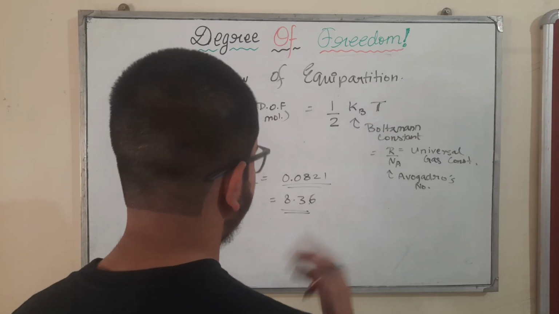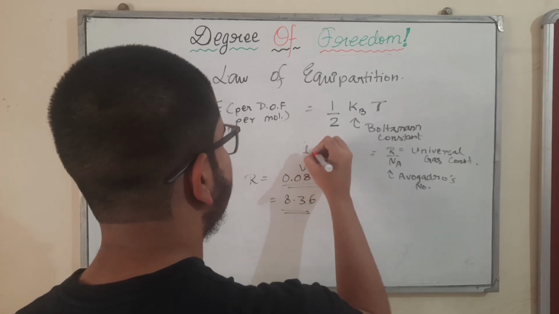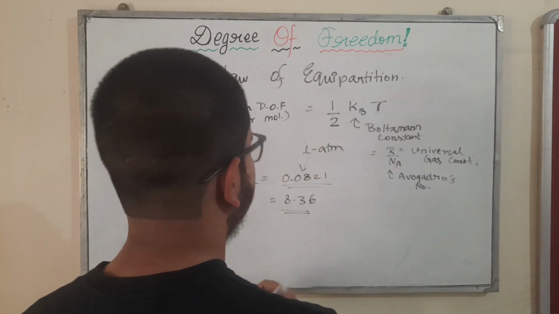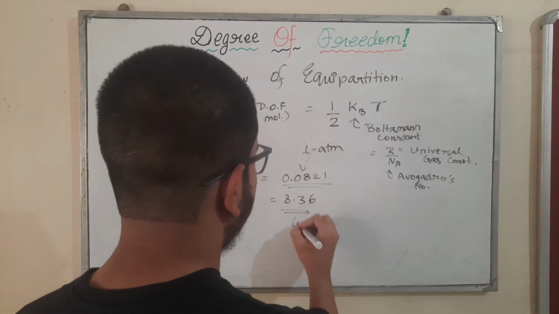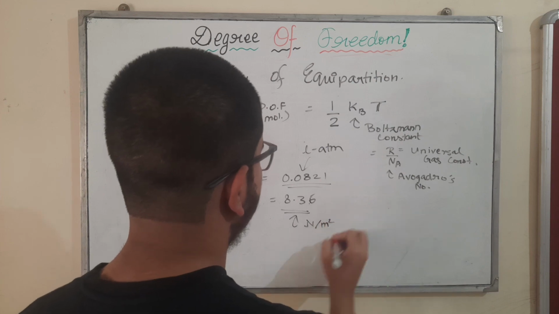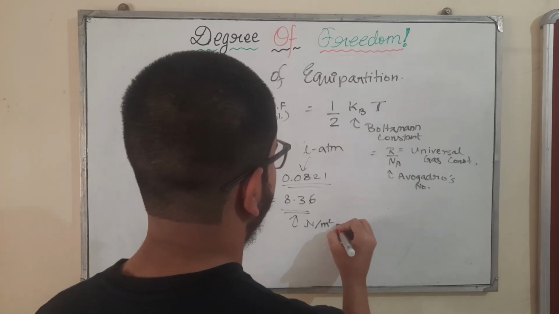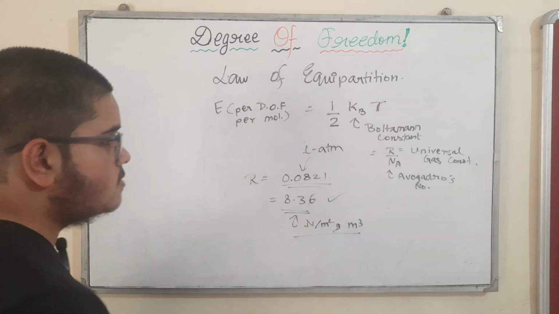They are just in different units. You take 0.0821 when you are dealing with liters and atm: liter for volume, and atm for pressure. Now, when you are dealing with Newton per meter square for pressure and meter cube for volume, then you take this value. You need to see the units.